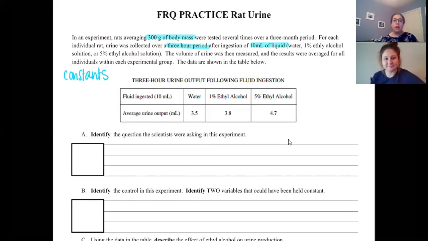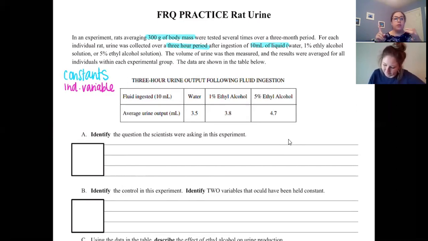The next bullet point in your lab design FRQ is looking at your independent variable. So what is it that the scientists can control and change to see if it has an effect? In this case, what the scientists can control is the percent of the alcohol solution.